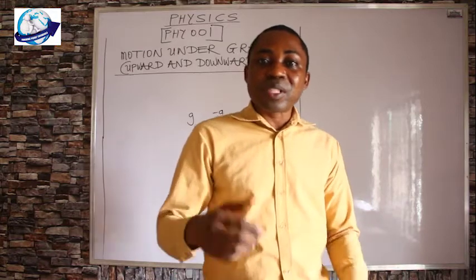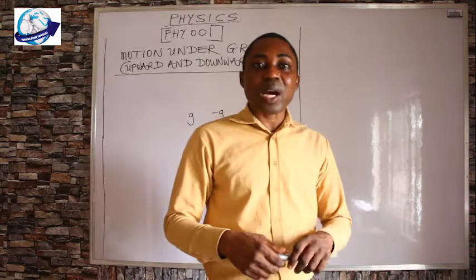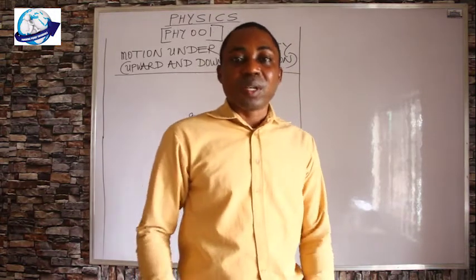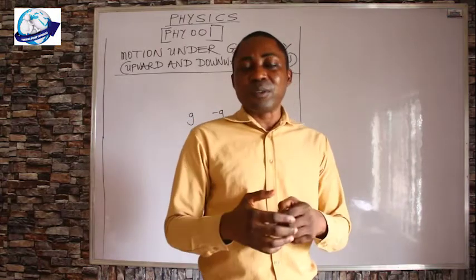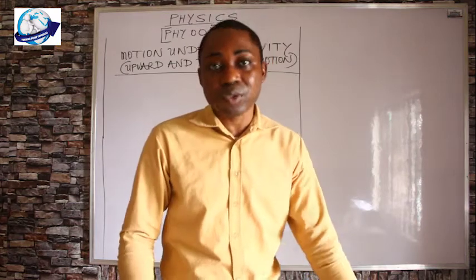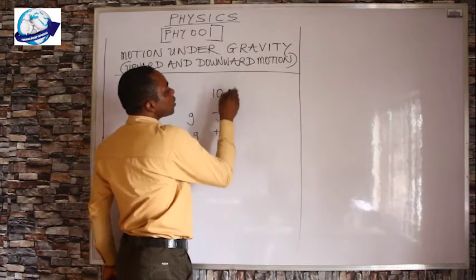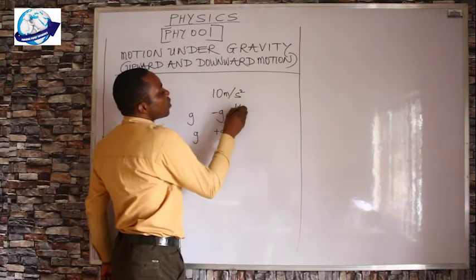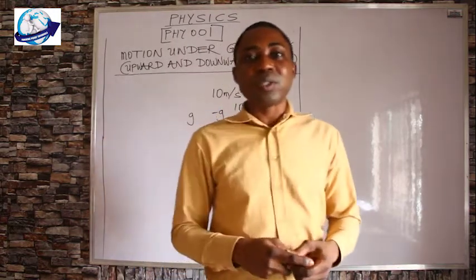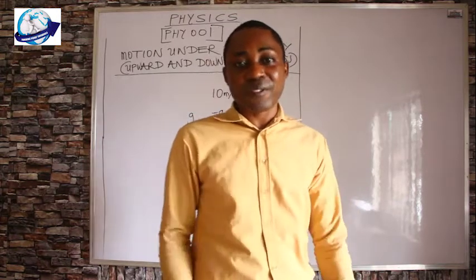Gravitational acceleration is brought about by the force of attraction of the earth on bodies around it, and it is always denoted by g. Its value is always approximately 10 meters per second squared. That is the approximate value of gravitational acceleration.